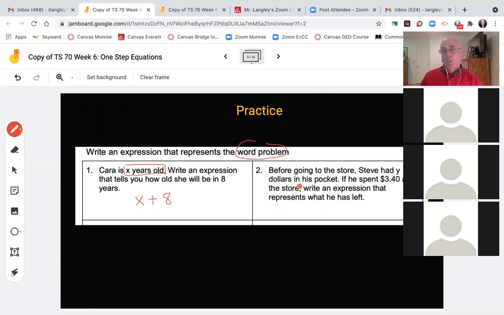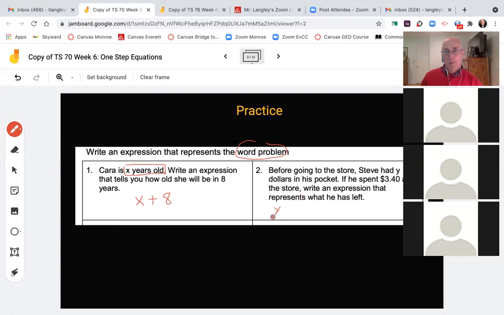Number 2 here, before going to the store, Steve had Y dollars in his pocket. Don't know how much that is. It could be $30, $50, we don't know. He spent $3.40 at the store. Write an expression that represents what he has left. He starts with Y amount of dollars.